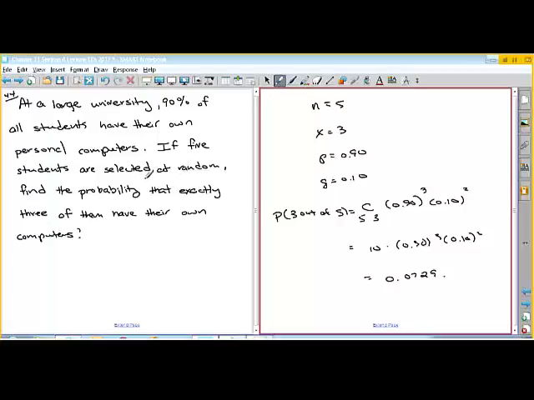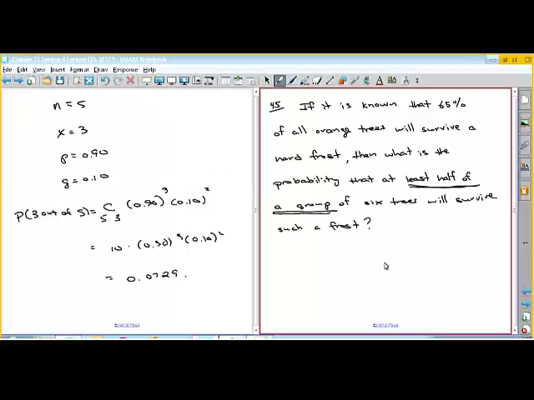The most likely answer is 4.5. You take 0.9 times 5, which would give you 4.5. So, 4 or 5 people. It's less likely to have 3 people or 2 people, 1 person, 0 people.